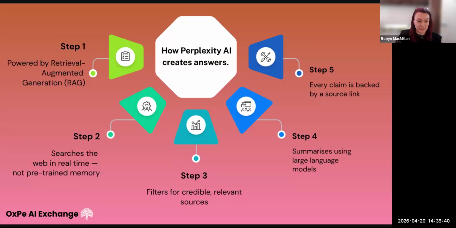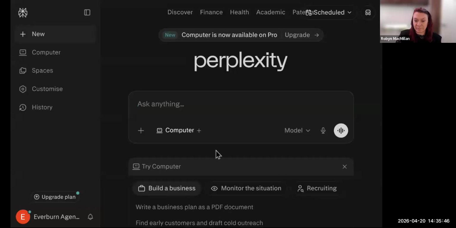So I'm just going to click onto the demo for us together. I will show you a couple of different ways that this reacts compared to ChatGPT, because I think that's a key differentiator when it comes to using this kind of system.